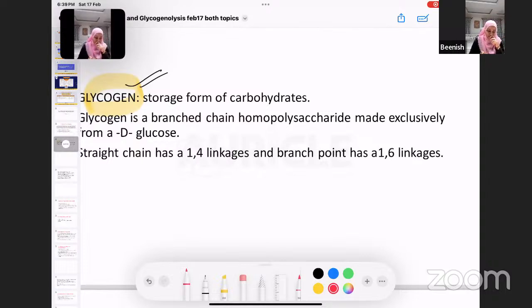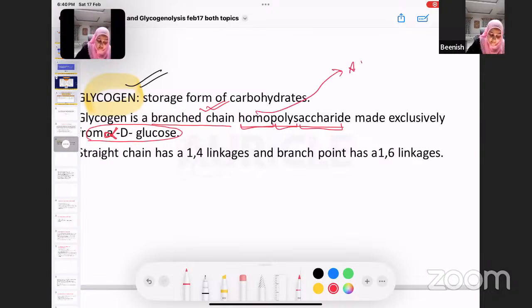So your carbohydrates are stored as glycogen. Now, what is glycogen? Glycogen is a branched chain homopolysaccharide made exclusively from alpha D glucose. Firstly, it is a branched structure. Secondly, homopolysaccharide. Now, this term has three words.